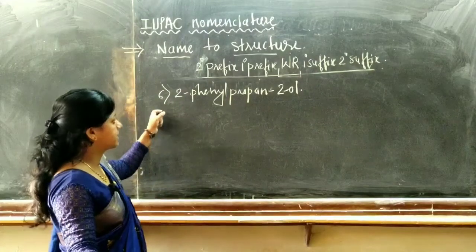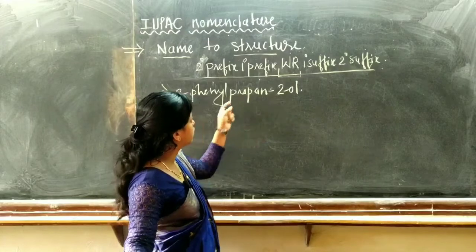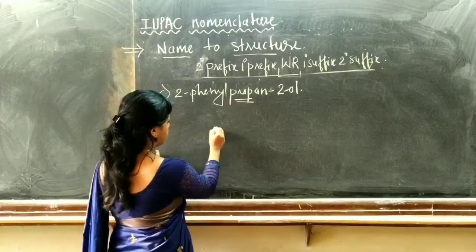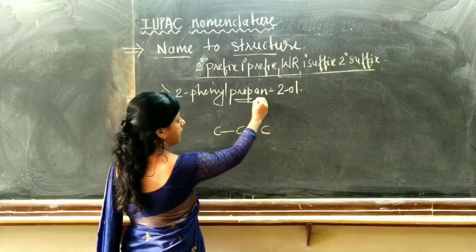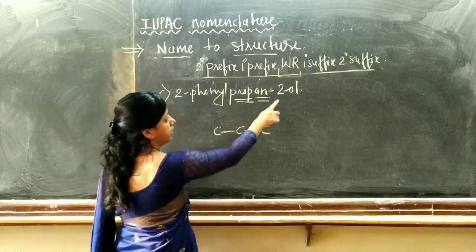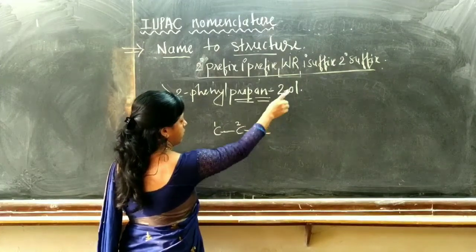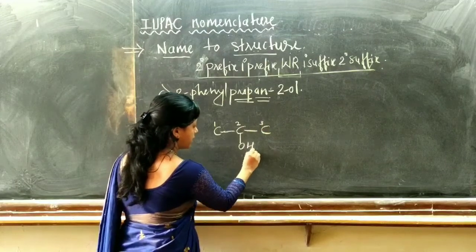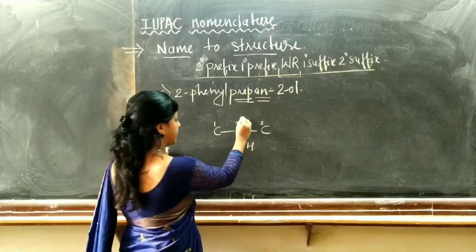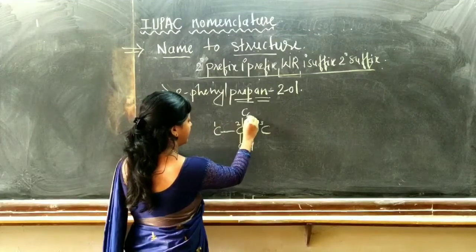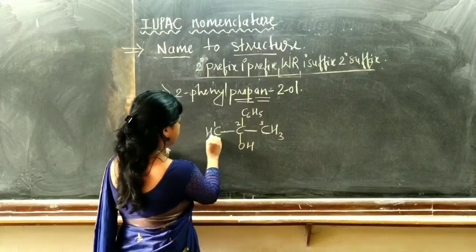Next, sixth example is 2-phenylpropan-2-ol. Prop is the word root, so we have to write 3 carbons. AN means it is single bonded. At the second carbon OL means it has OH as a functional group, and 2-phenyl means at the second carbon we have to write the phenyl group, that is C6H5, and then this is the CH3.